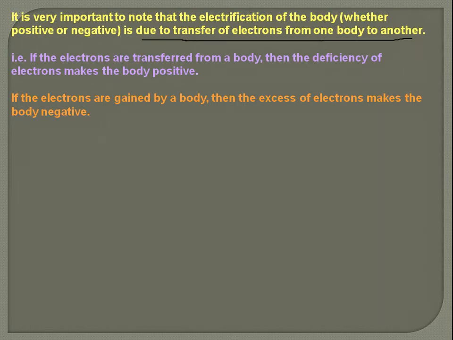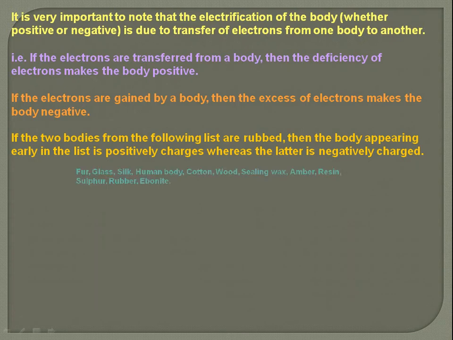Otherwise, the body is said to be electrically neutral. Second, if electrons are ejected by any body, then the body is said to have acquired positive charge. And if any body gets electrons, then that body is said to be negatively charged. Clear?